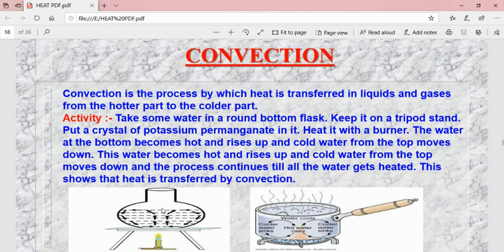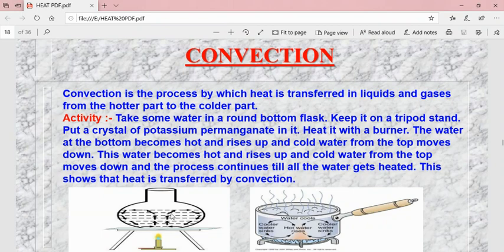So what this activity says is, here I am taking a round bottom flask. This we call a round bottom flask. In this I am just pouring water. How much you want, you can take that much amount of water. Okay, and again here I'll put some potassium permanganate crystal.